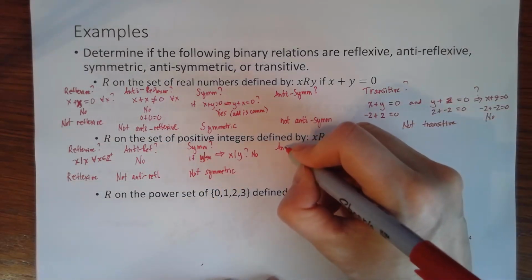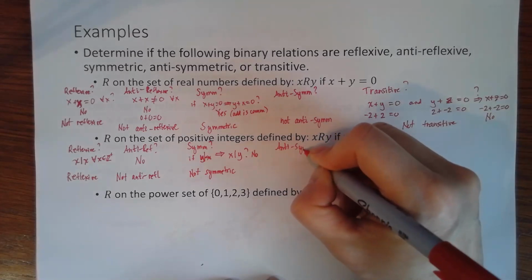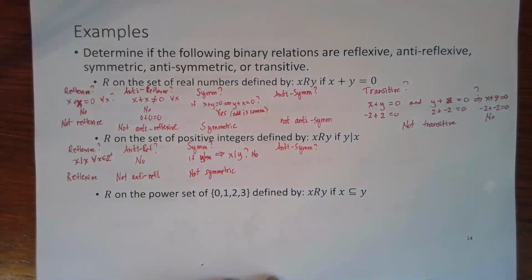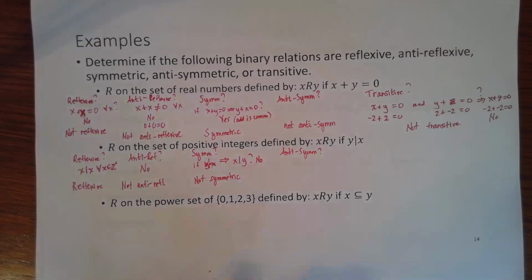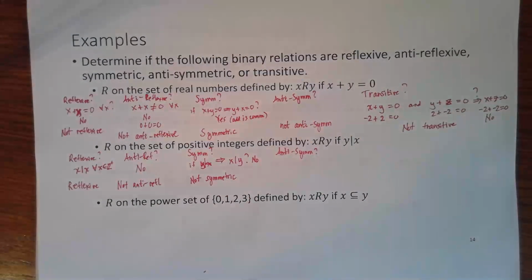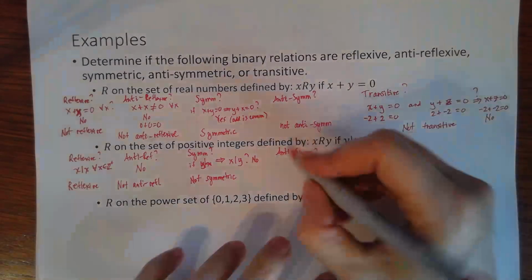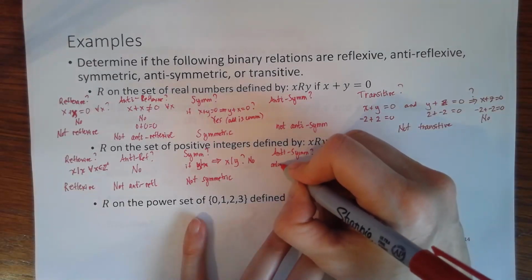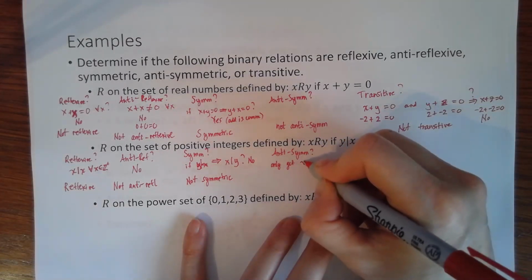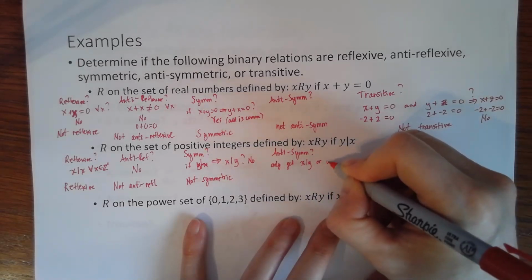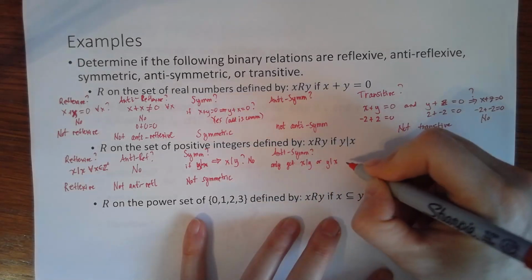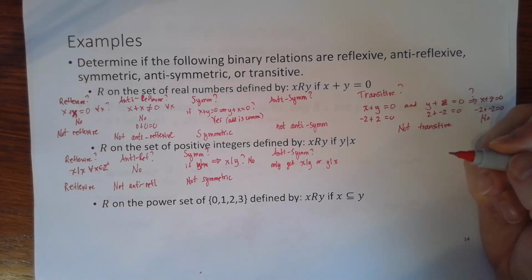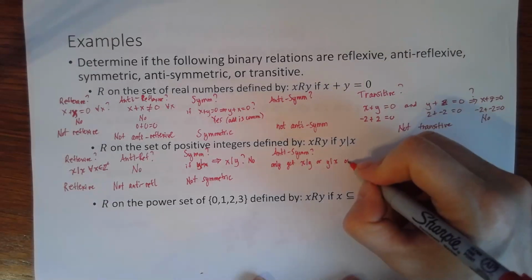Is it anti-symmetric? Okay. So for every pair of numbers where x and y are not the same, will we only have x divides y or y divides x, or neither?